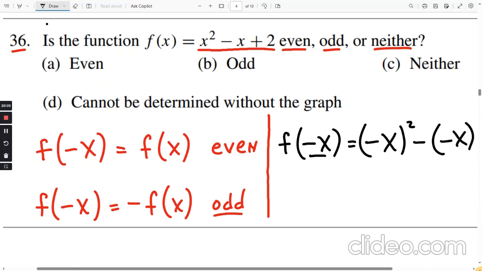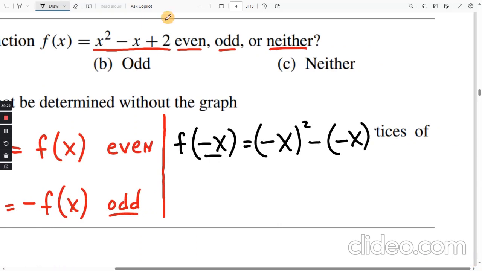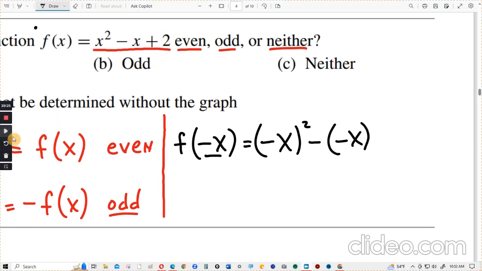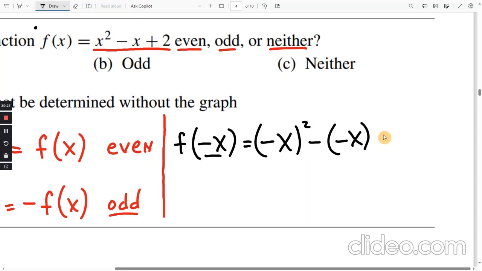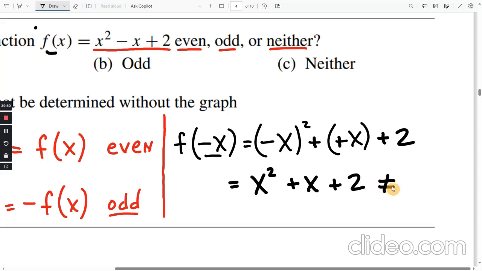And on the end of the function, we have plus 2. (-x) squared, well, negative times negative is positive, so that's going to be x squared. The two negatives here are also positive, so that's positive x, and we have plus 2. Does that equal the original f of x? No, that does not equal the original f of x. So that means it's not even.